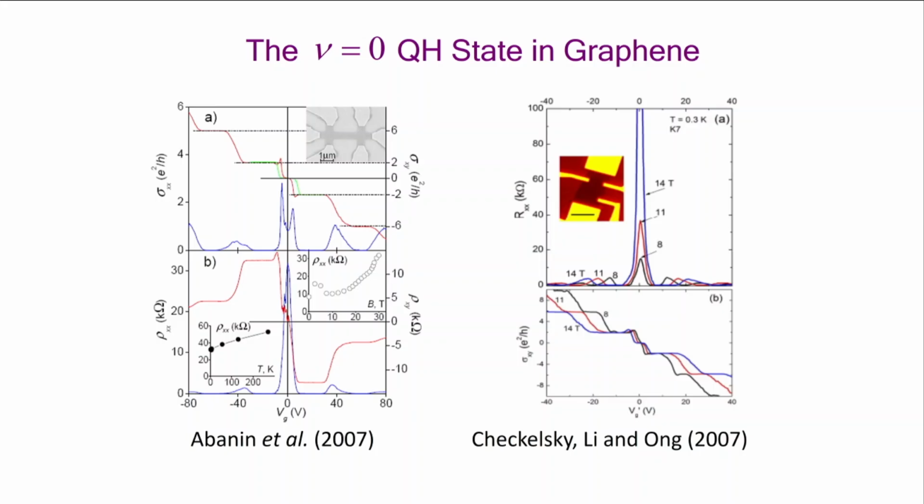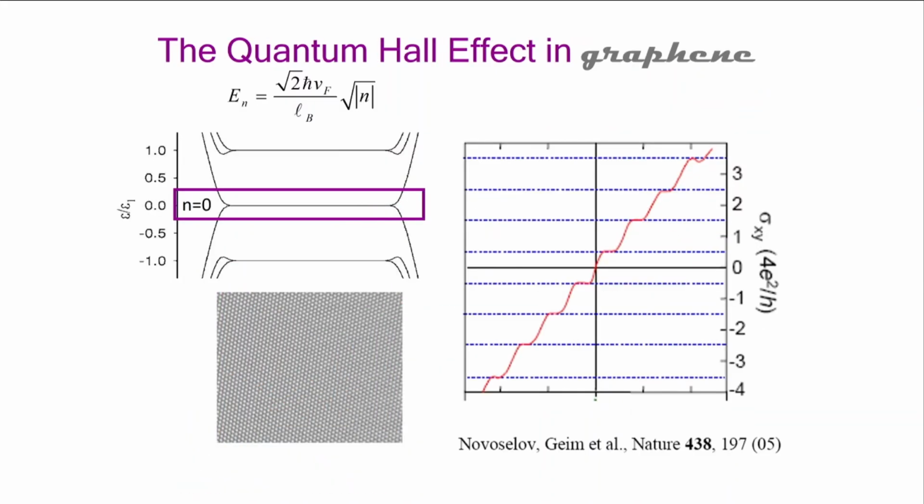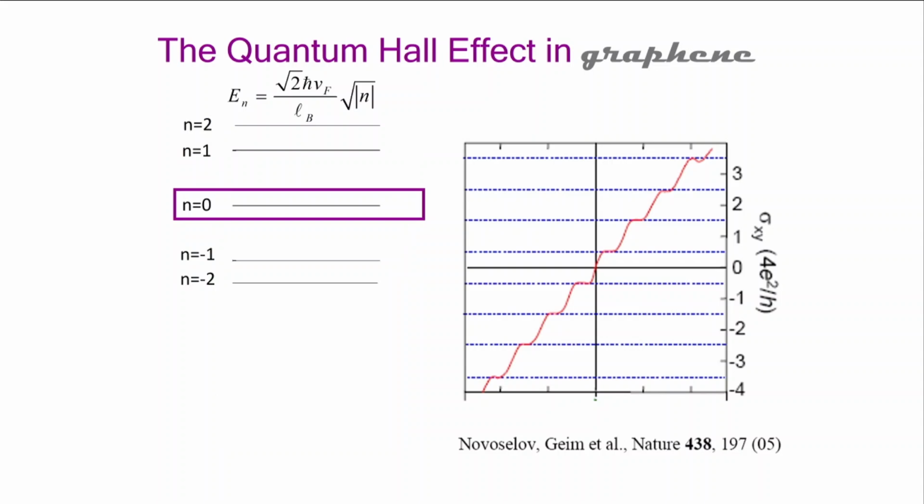Both of them saw the following thing: if you apply a strong enough magnetic field, let me just go back to the old figure. While in the first quantum Hall experiment, at exactly zero filling there is no plateau, there is a jump between minus half and plus half, at fields of order Tesla.